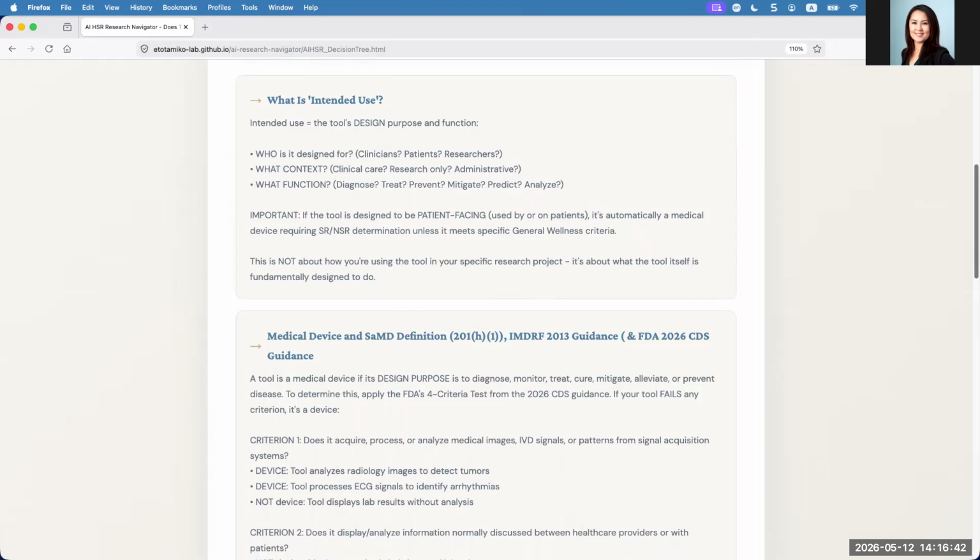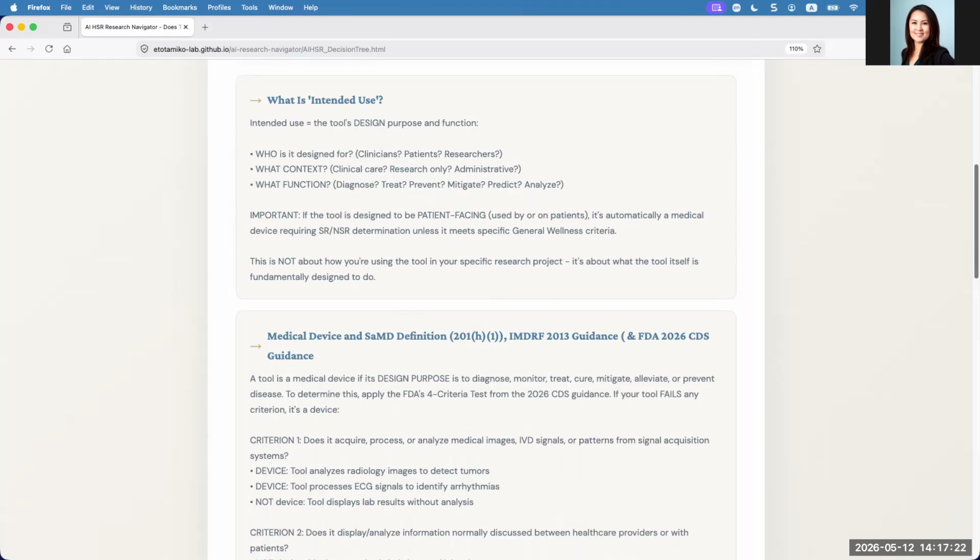It's not about how we're using the tool in this specific study. It's about what the tool that you're making is fundamentally designed to do. In this case, our sepsis predictor is designed for clinicians to use for risk assessment that triggers a clinical action. That's what we hope it will do. That makes it a device under FDA's definition, regardless of whether we're calling this project research or quality improvement. Right now, all we want to know is, is it a device? And that's what we're focusing on right now.